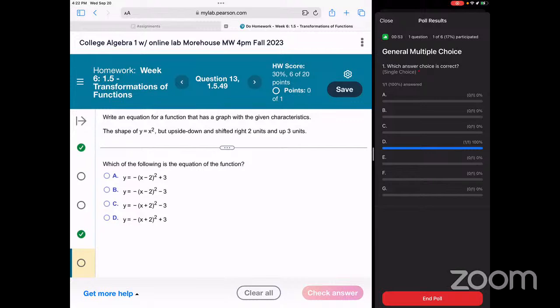Okay, so the only one that went right 2 and up 3, I'm thinking, yeah, I think it's A. I think it's A.